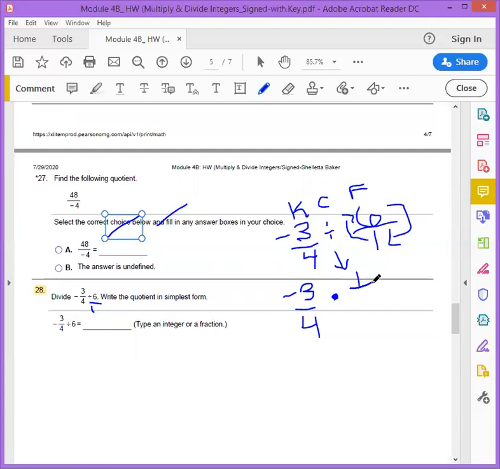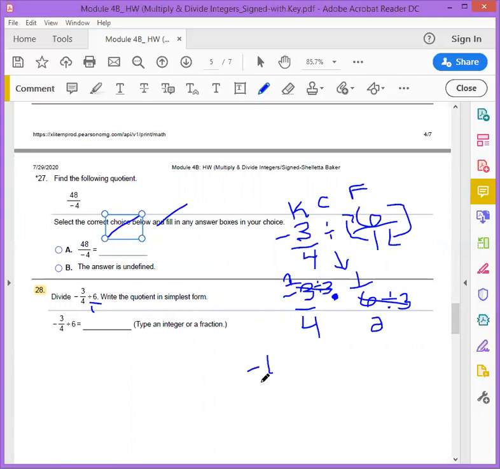So it becomes 1/6. Now, if we can cross cancel, we want to cross cancel, which we can, because 3 can be divided evenly into 3, and then again, 3 can be divided into 6. So that 6 will be crossed out and become a 2. 6 divided by 3 gives us 2. And the 3 will be crossed out. That'll become a 1 in the numerator of the first fraction. So what are we left with?